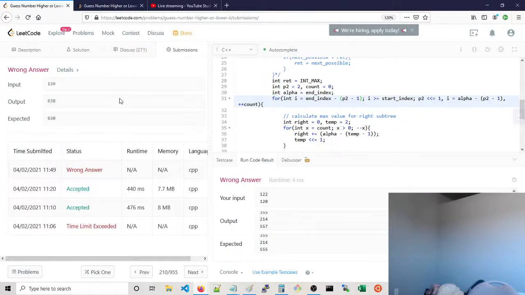What could be the issue? What am I looking for here? What are we looking for?